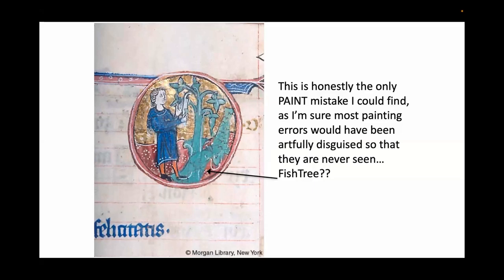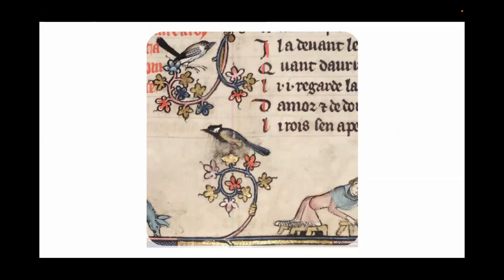So I don't know if it is or isn't, but it was the only one I could find that sort of kind of looked like it might be an error. But this one is. Presumably, somebody had scraped through their ink that they were using, I'm guessing, and they just left it. So that so far is the only one I have actually been able to find, which is good, because that means that the scribes are good at hiding their stuff.